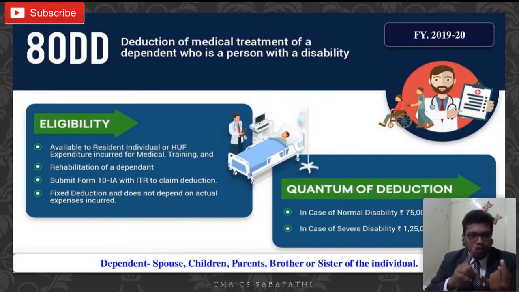So here, the disabled person may be your spouse or children or parents, brother, sister, or anyone depending on you. You can take this wonderful deduction of 75,000 in case of normal disability, and 1,25,000 in case of severe disability, right?